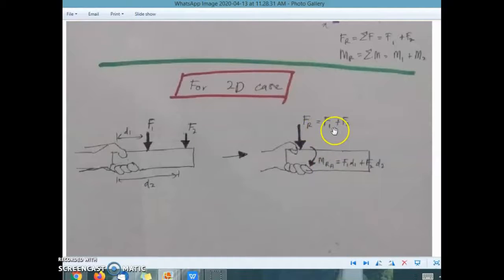F resultant is F1 plus F2. You can feel the total effect of force and moment in your hand. So we can represent this model as this model. The effect of the external force also acts internally, in your hand, from the source of the rigid body.